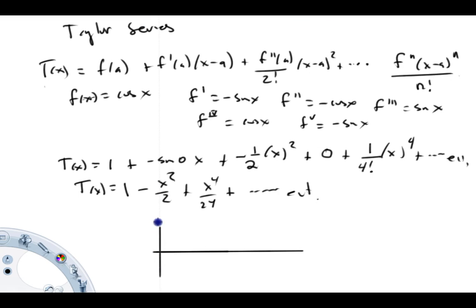So here's a quick little sketch. The cosine function does this. Remember, cosine of 0 is 1, cosine of pi over 2 is 0, cosine of pi is minus 1, and so forth. Now we're doing this expansion around x equals 0. So basically, this is kind of the region here where our expansion is good.